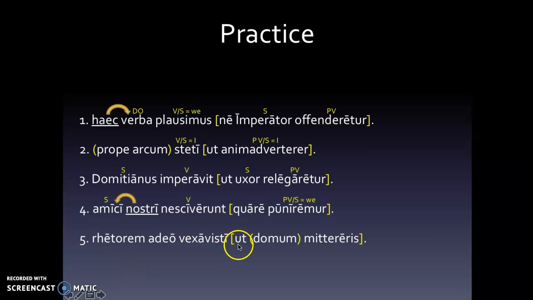Okay, we've got ut and a subjunctive, so there's our dependent clause. Domum is a prep phrase. It doesn't have a preposition, but it is showing a prep phrase. Accusative direct object, an adverb. This is an intensifier. Here's our verb. No nominative in our main clause, but because of the endings, we know that the subject is you.